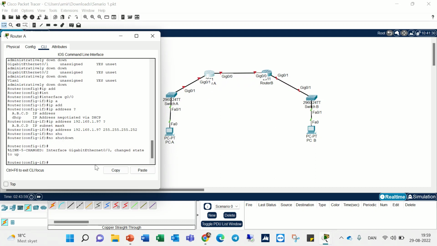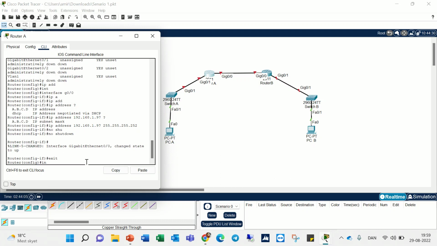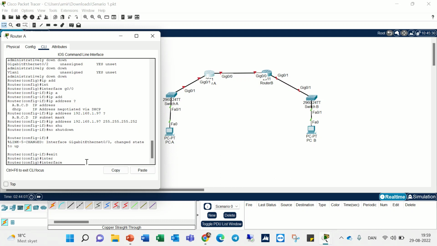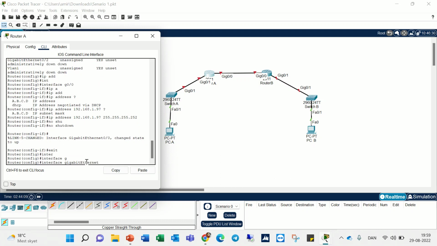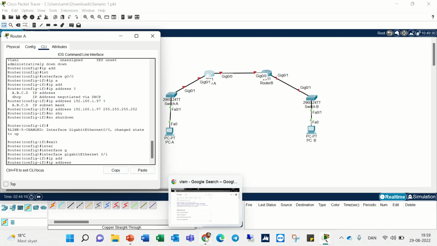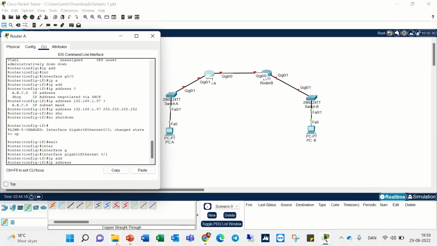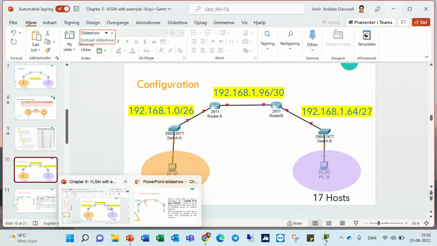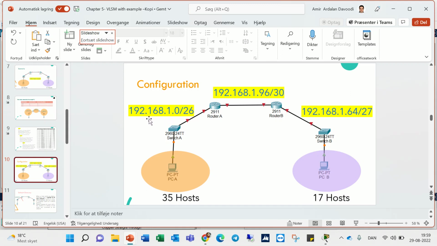And what about G0/1? I click on exit and come back to global mode, and right here interface G0/1, this is gigabit 0/1. The IP address should be 192.168.1.1. I should use the first one.